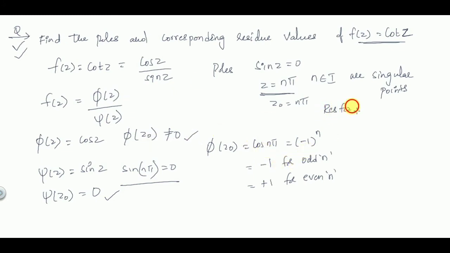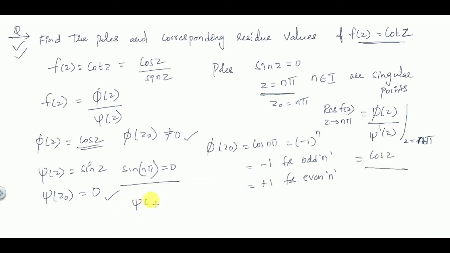Residue of f of z at z is equal to n pi, that is z is equal to z naught, is phi of z divided by psi dash of z at z is equal to z naught, that is z is equal to n pi, of course. So what is phi of z? Phi of z is cos z divided by psi dash of z.